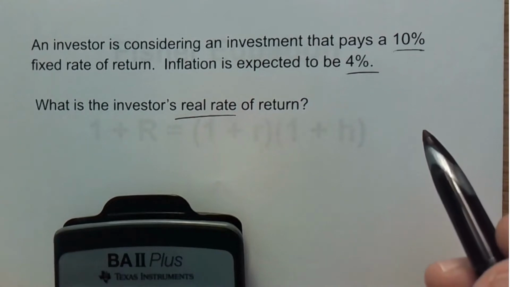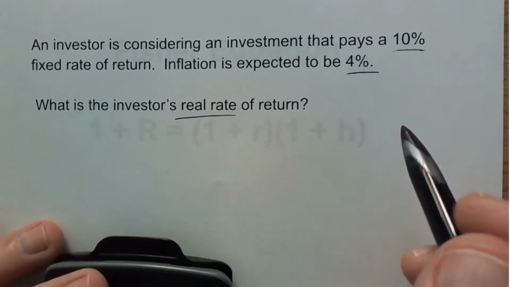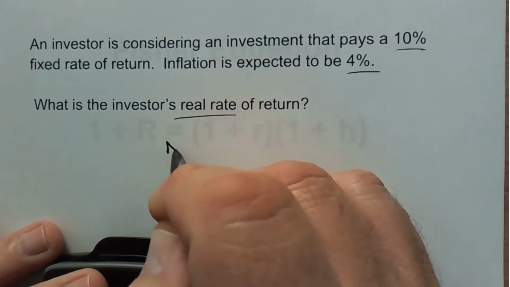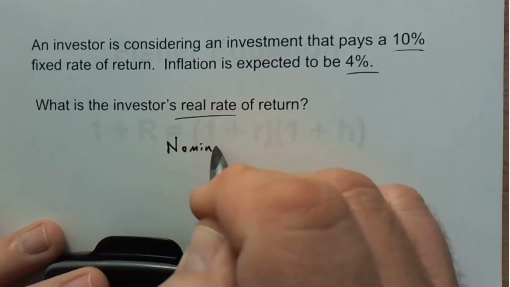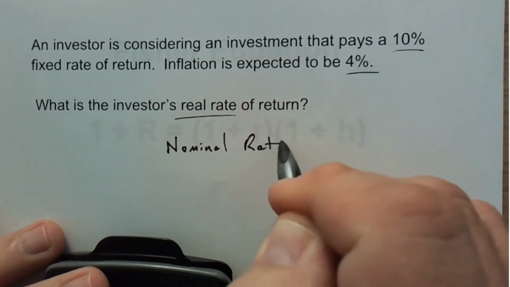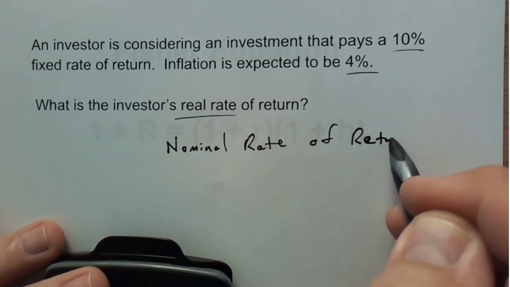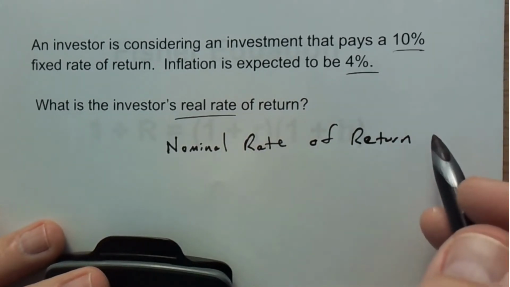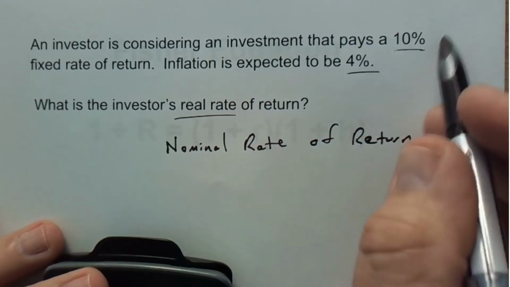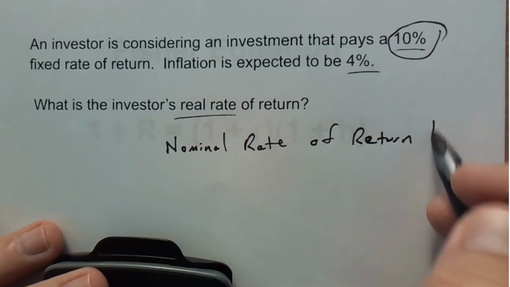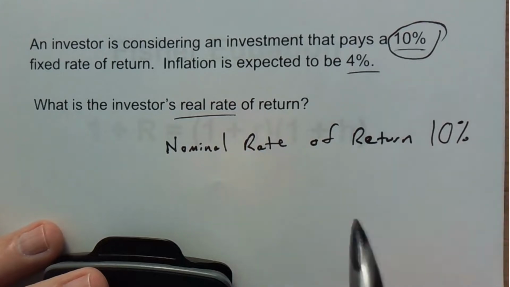Okay, so let's define a couple terms here. First, we have a nominal rate of return. The nominal rate of return is the stated rate, the rate that the investment is promising. So in this case, it's 10%.